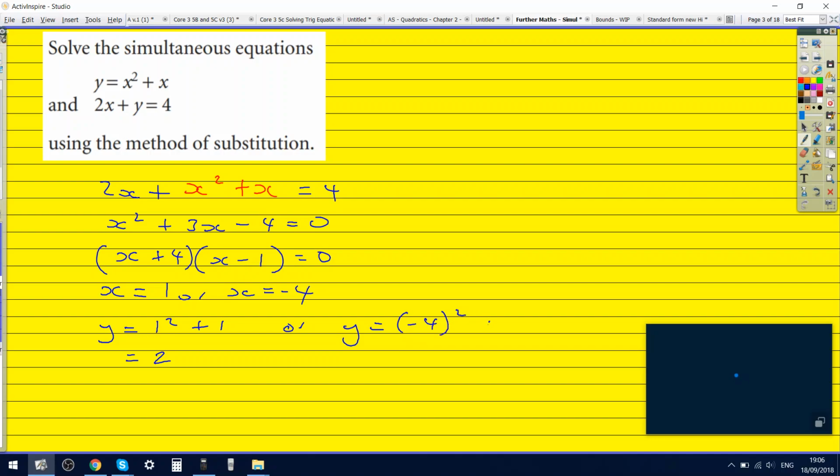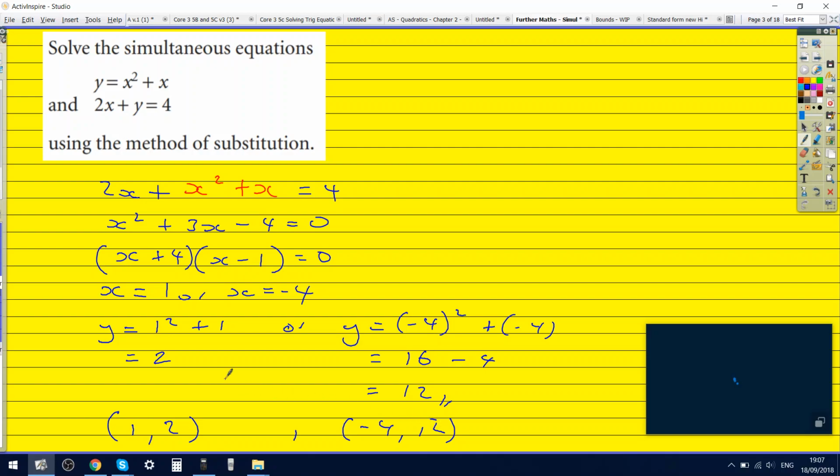Minus 4 times minus 4 is 16. 16 minus 4 is 12, so y is 2 or 12. And if you graphed these two, at what coordinates would they cross over? 1, 2 and minus 4, 12.